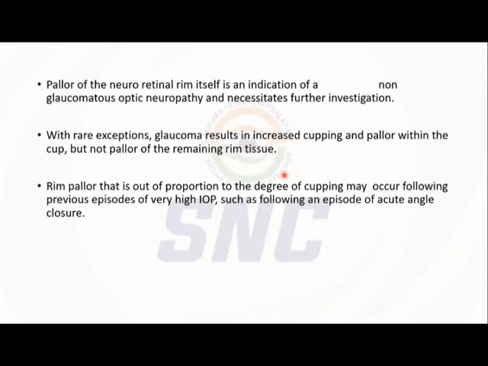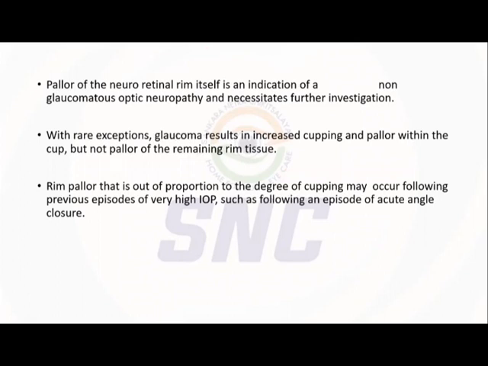You can see this in chronic angle closure, or primary angle closure without any acute attack. But you can see these things in pseudoexfoliation and pigmentary glaucomas also, where, as we mentioned previously, there are fluctuations in the IOP and very high IOPs, especially in pseudoexfoliation glaucomas. They may present with very high IOPs, more than 40 also, but the cornea will remain clear.